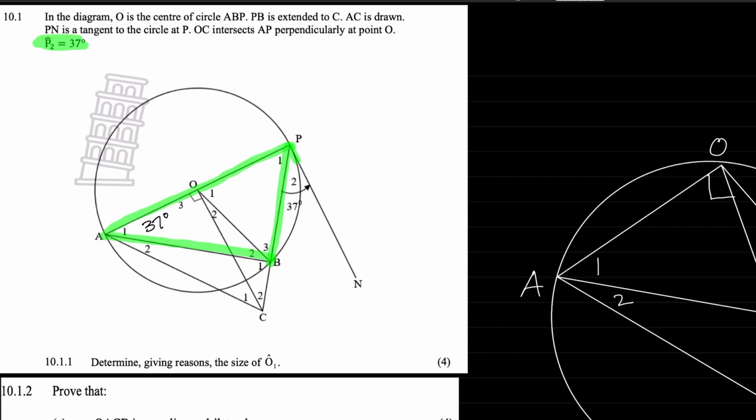So let me clear this up. Now, if I focus again on this chord PB, that chord makes an angle at the center, but that chord also makes an angle at the circumference. And so I can use the angle at center theorem. So the angle at the center, being O1, is going to be double the angle at the circumference, which is 37. So O1 is going to be 2 times 37, which is 74 degrees.